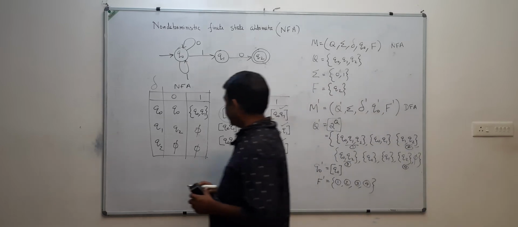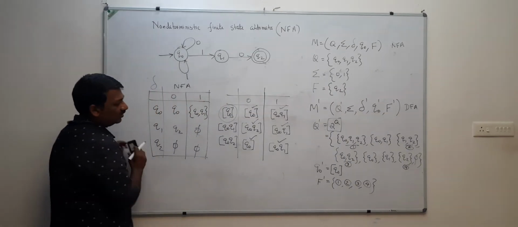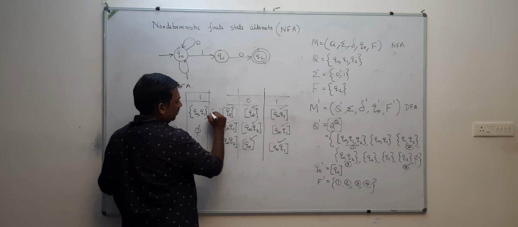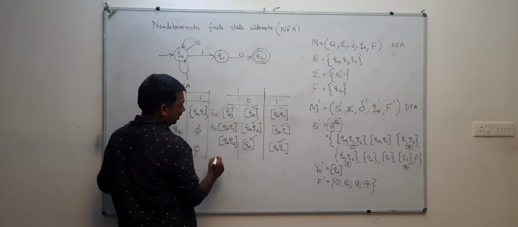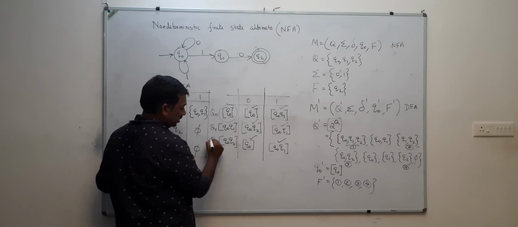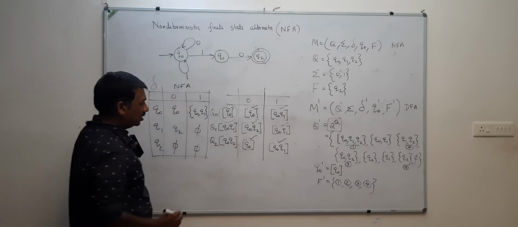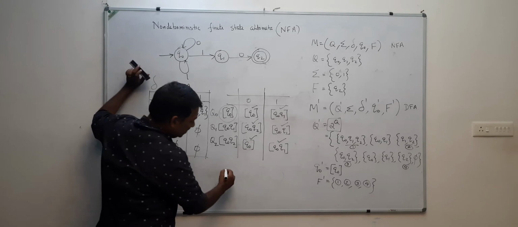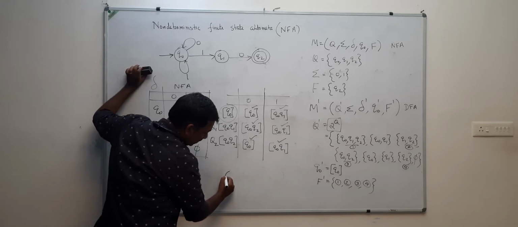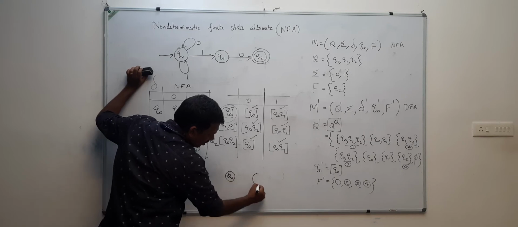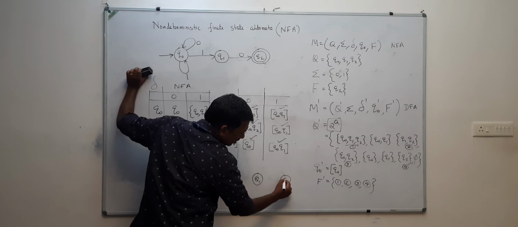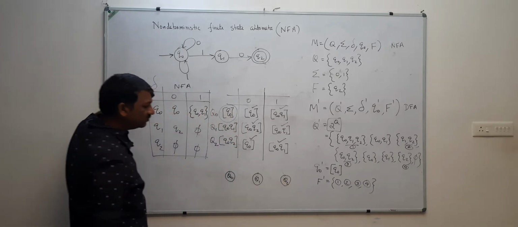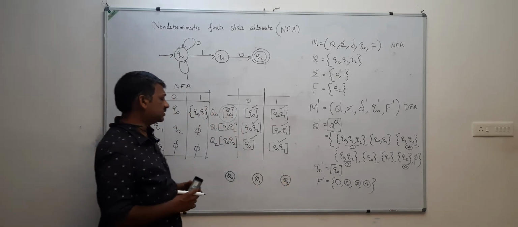Okay. Let us redefine Q0 as Q0, Q0 Q1 as Q1, and Q0 Q2 as Q2, and the transition diagram looks like this. This is Q0, this is Q1, and this is Q2. And what are the final states?